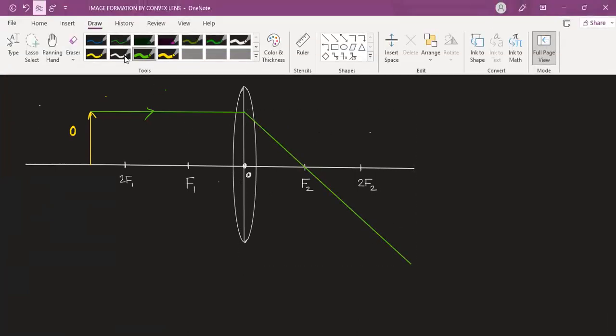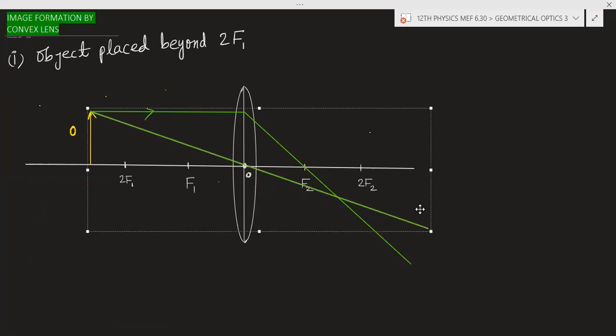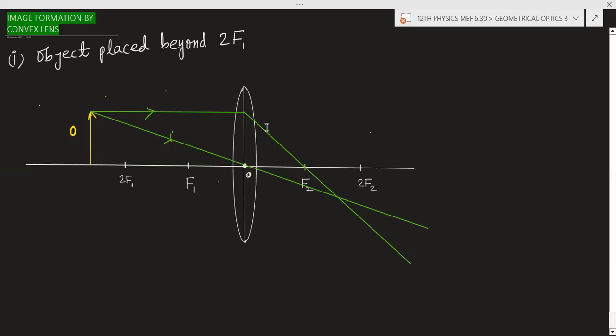Now another ray from the object is, suppose, passing through the optical center. I told you that whenever a ray of light passes through the optical center of the lens, the ray will not deviate. So both the refracted rays are meeting at some point here.